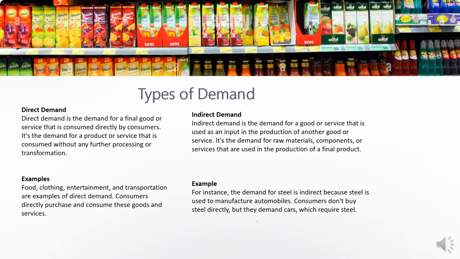But the demand for steel is indirect because the consumer is not directly using or buying the steel but buying the automobiles. Okay, so consumers don't buy steel directly, but they demand cars which require steel. So these are the two examples of direct demand and indirect demand.